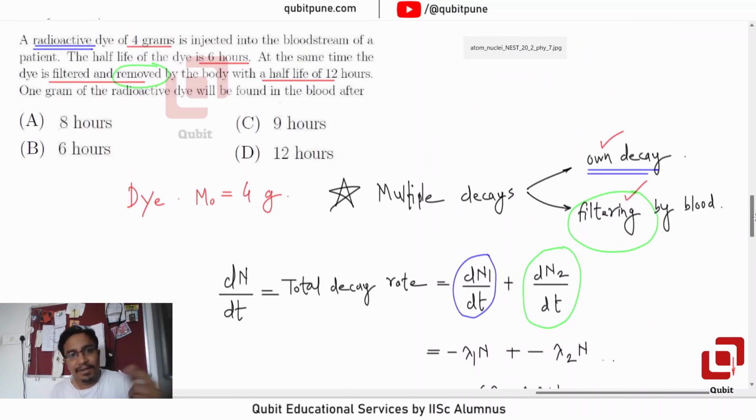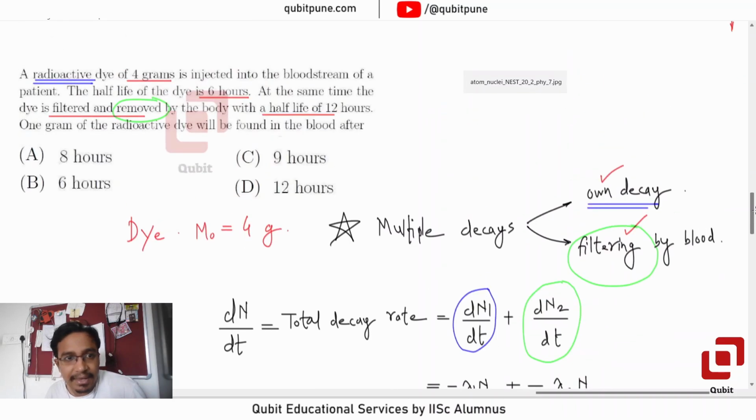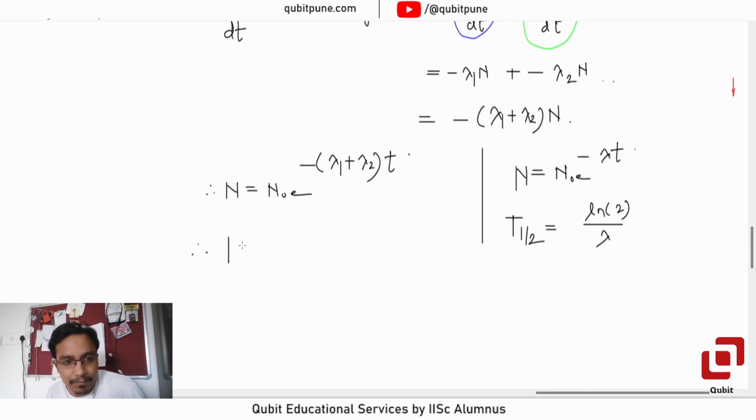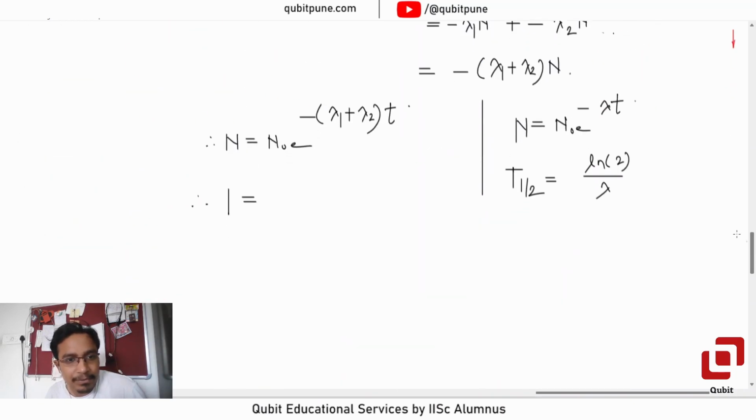Now they have not given us the decay constants, but they have given us the half-lives, 6 hours and 12 hours. So can we find out the decay constants? Yes. Half-life is ln2 by lambda. So lambda will be ln2 by half-life. We want the blood to contain 1 gram, so N is 1. How much was injected? 4 grams was injected.